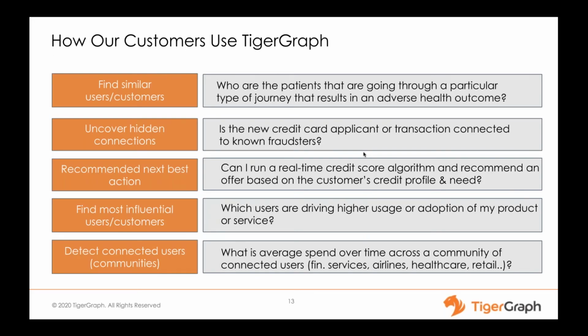And the next thing I want to touch on is how our customers are using TigerGraph. As you can see, a lot of the use cases are about uncovering hidden connections, or about recommending the next best action, which some of the retail vendors are using.